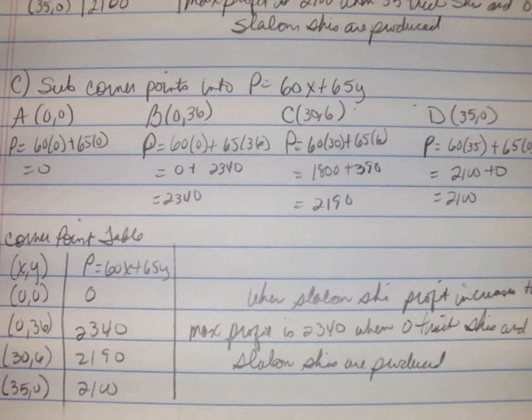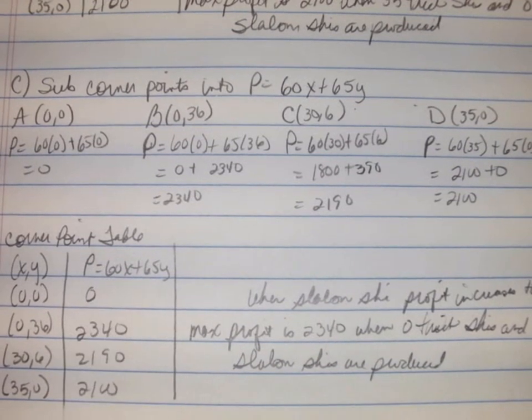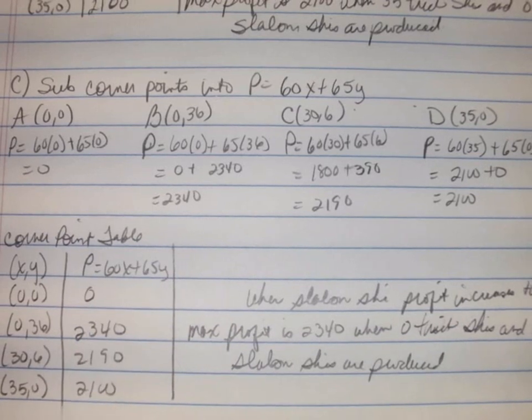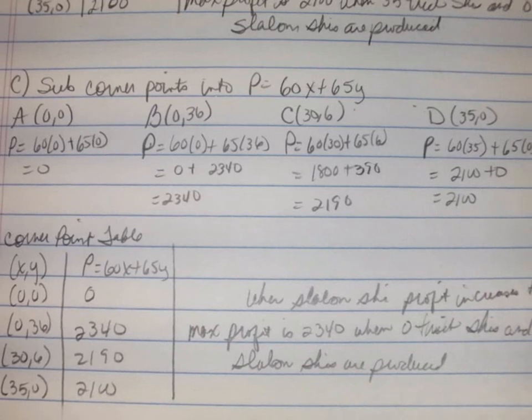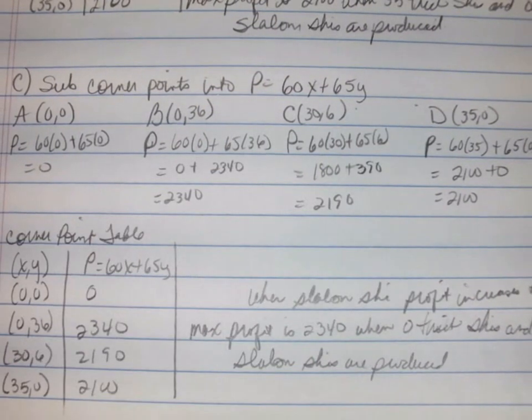You're going to do everything the same, but your P, you have to create it with the prices they give you, and that's why you have to track what's X and what's Y. The profit is going to change by how much you're charging for each ski. So it's the same process as the one we did, except now you've got to do it 3 times. Okay?